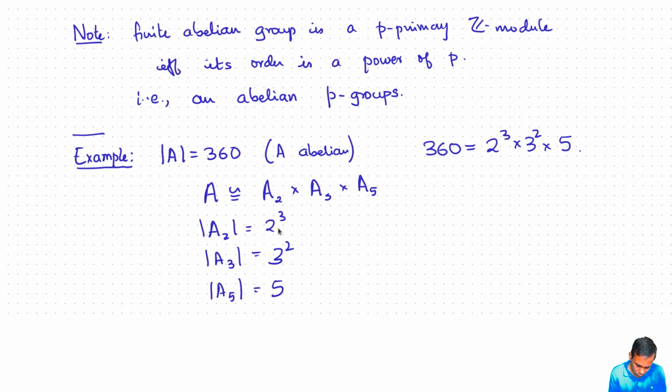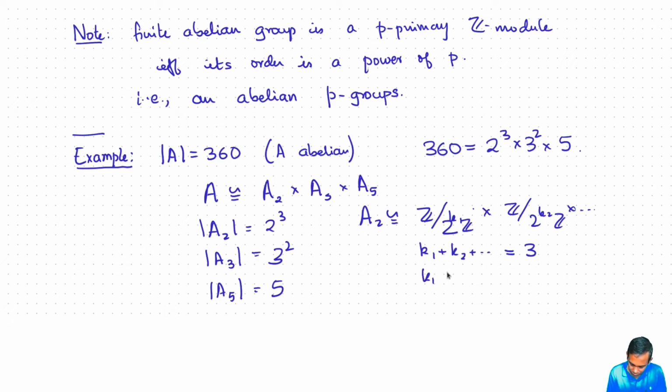So now A2 is going to be isomorphic to Z mod 2 to the power K1 Z cross Z mod 2 to the power K2 Z and so on, where K1 plus K2 and so on add up to 3 and K1 is less than or equal to K2 and so on. So the only way that you can have an increasing sequence of numbers add up to 3, the only possibilities are 1 plus 1 plus 1 for K1, K2, K3, or 1 plus 2, or just 3 itself.